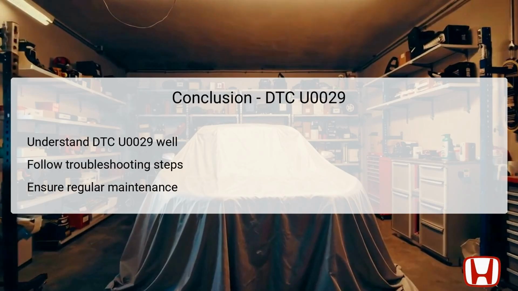Utilizing a methodical strategy allows for clarity in diagnosing the issue. Moreover, regular maintenance is crucial for ensuring long-term functionality and reducing the chances of recurrence. By fully grasping DTC U0029, you empower yourself to maintain your vehicle effectively and prolong its performance and reliability.